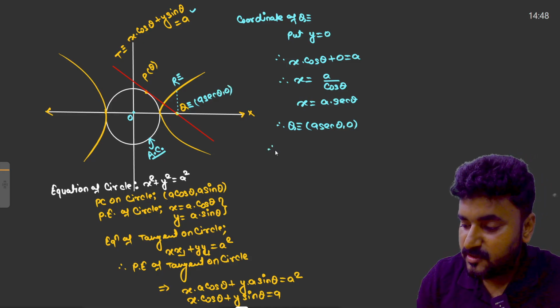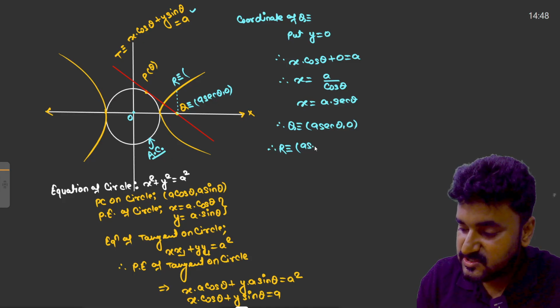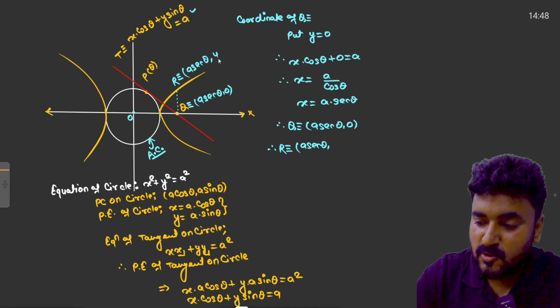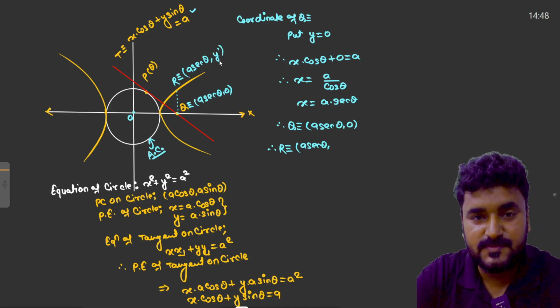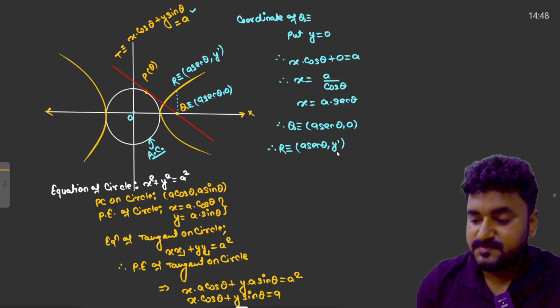So therefore if you want to write the coordinate of R, you will write a sec theta comma y dash, because the x coordinate will be the same but the y coordinate is not known, so I write y dash.